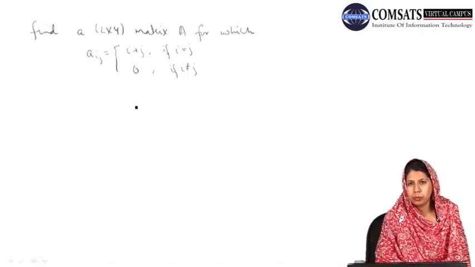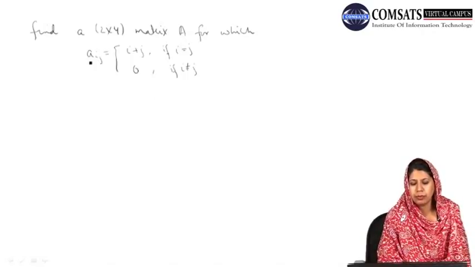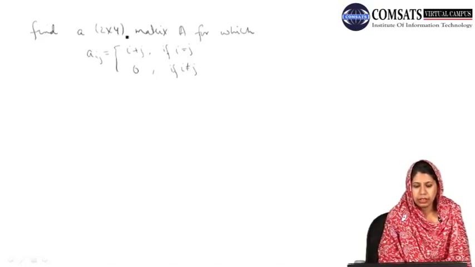If we are given a formula about the entries of a matrix and we are also given the order, then with the help of these two pieces of information we can formulate our required matrix.